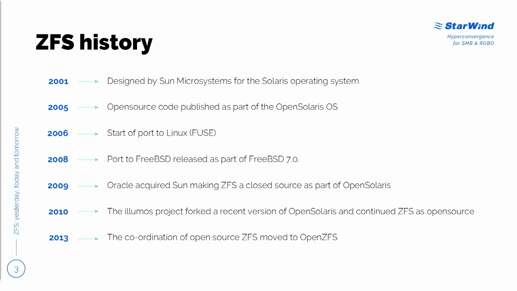Over time, new feature development shifted from Illumos to Linux. These new features and fixes then had to be backported to Illumos before they could be ported to FreeBSD, and this was quite a challenge, maintaining different ZFS versions.